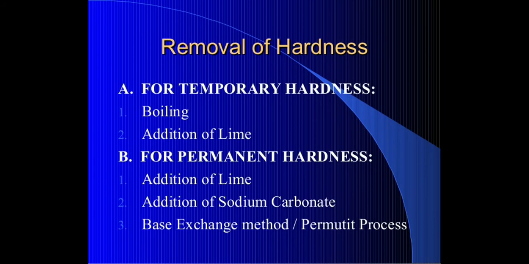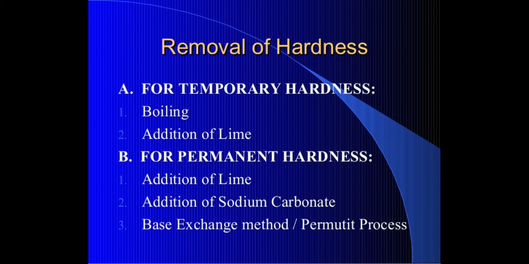Then we discussed removal of hardness, because hard water is not good for any industry, boiler, or for drinking purposes. So it is necessary to remove hardness of water. First one, A, for temporary hardness.